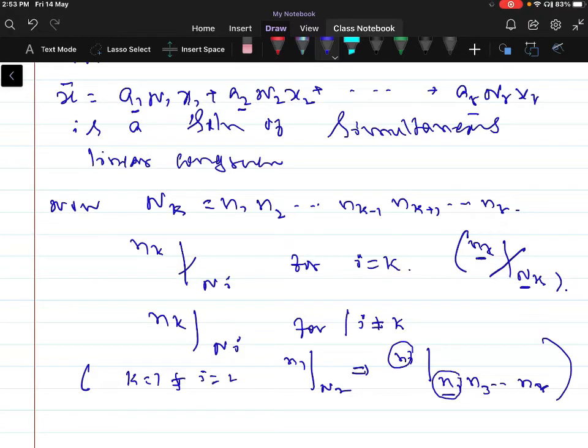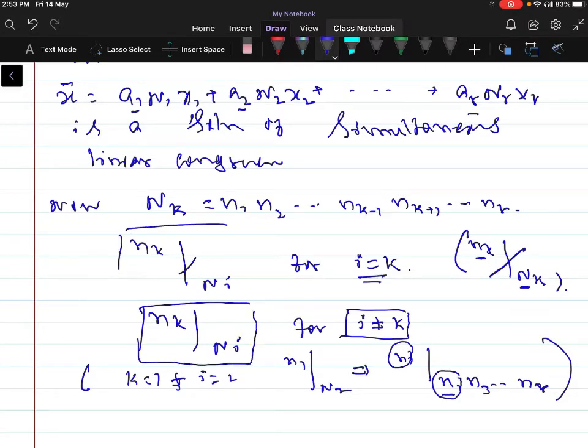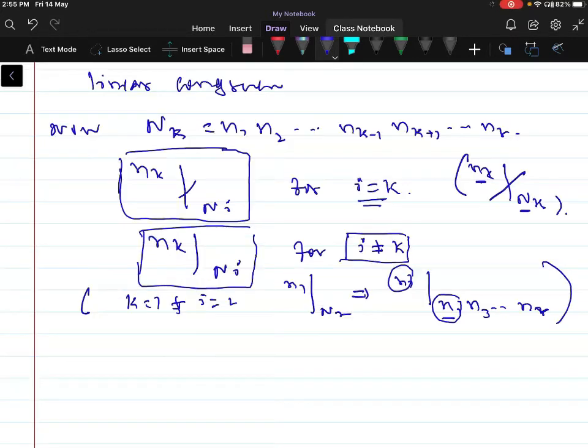Therefore, for i is not equal to k, nk divides capital Ni. For i is equal to k, nk does not divide capital Nk. Here I can take 1, 2, k minus 1, then k plus 1 and so on.